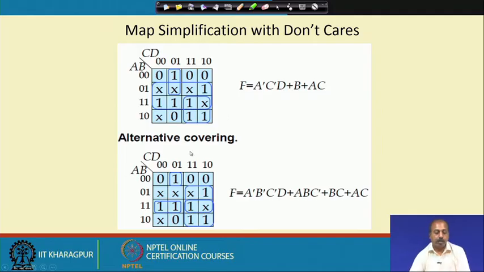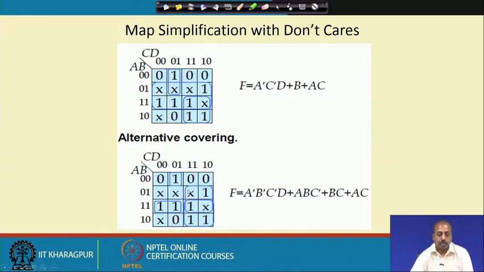Another possible covering may be like this. Somebody does a covering in this fashion. So, this is one single term, a singleton 1, that is A bar, B bar, C bar, D. Then we have this pair, A B C bar. Then we have B C, if I take this term: A is changing its polarity, B is not changing, so B here, and then between these two columns, C is not changing its polarity.